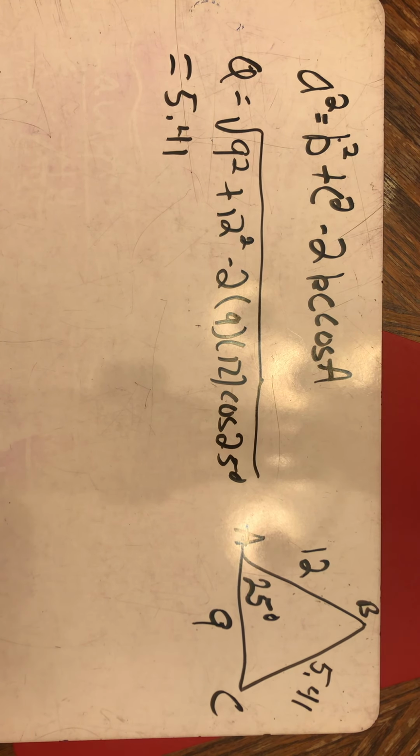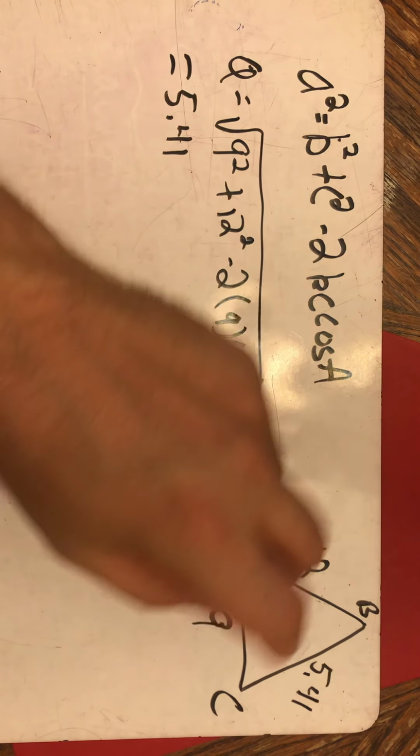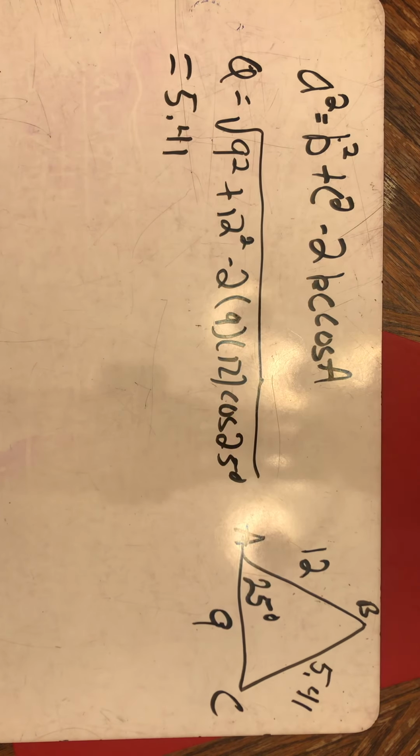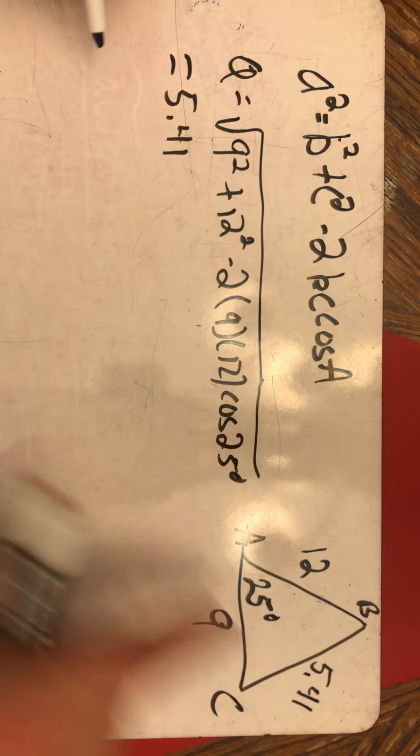So, with that in mind, we're going to go into the law of sines again. And kind of like last time, we're given 2 different options. We can either find the angle C, which goes with 12, or angle B, which goes with 9. Always find the largest one first. Always. So that means we're going to find C. So I'm going to give our matching pair that we know.